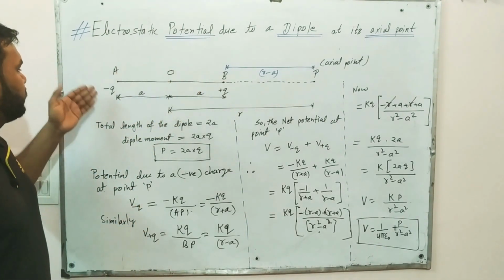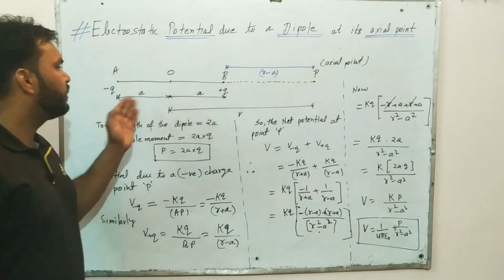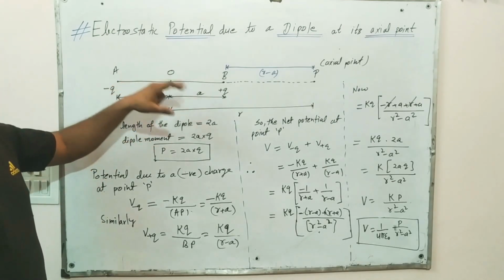At point A, we have charge minus q, and at point B, we have charge plus q. The total length of the dipole is 2a, and O is the midpoint of the dipole.